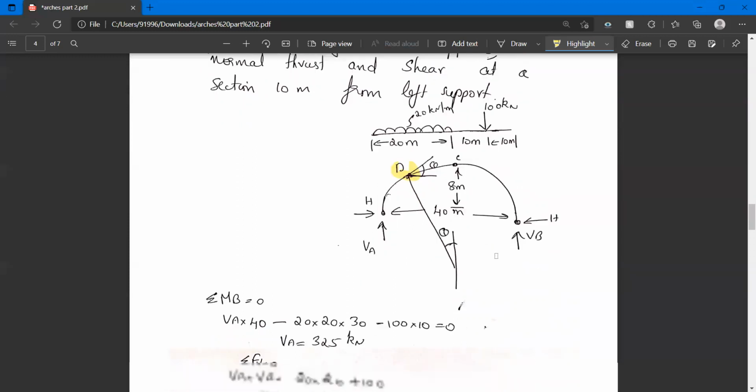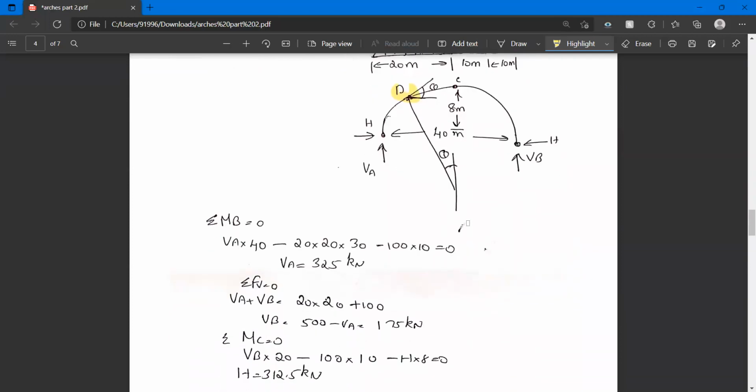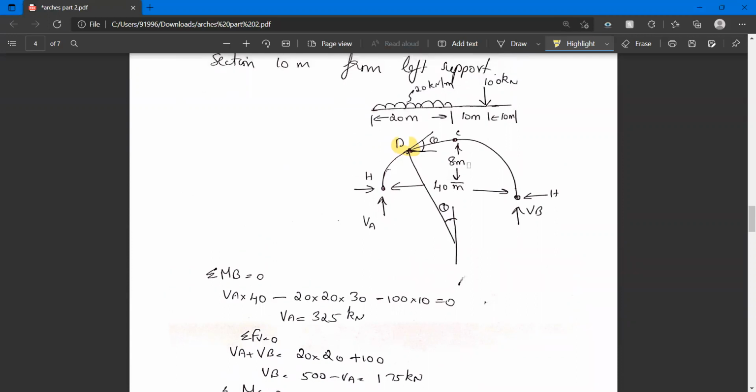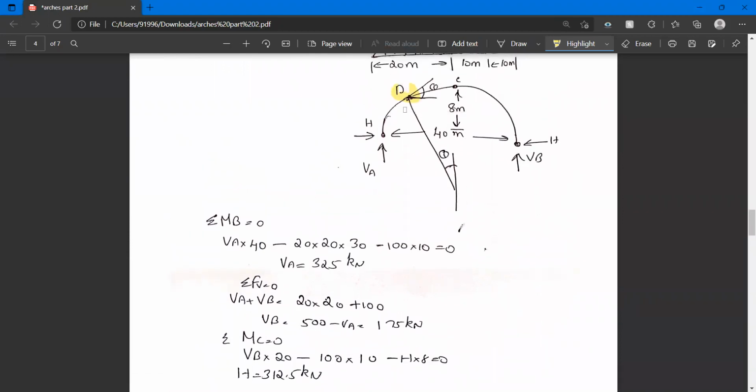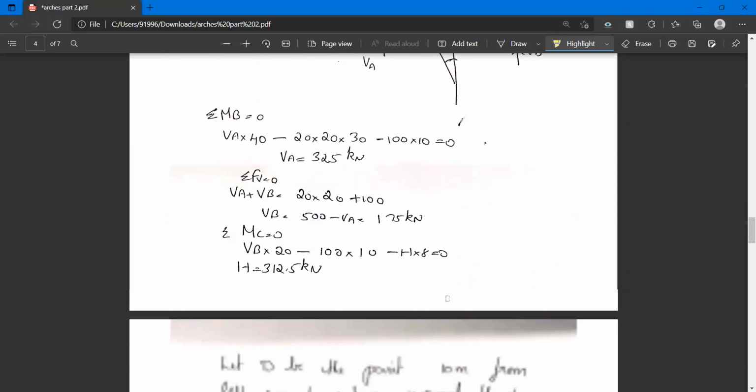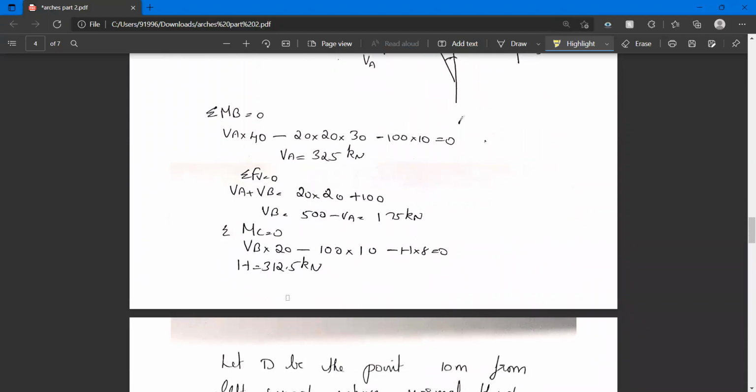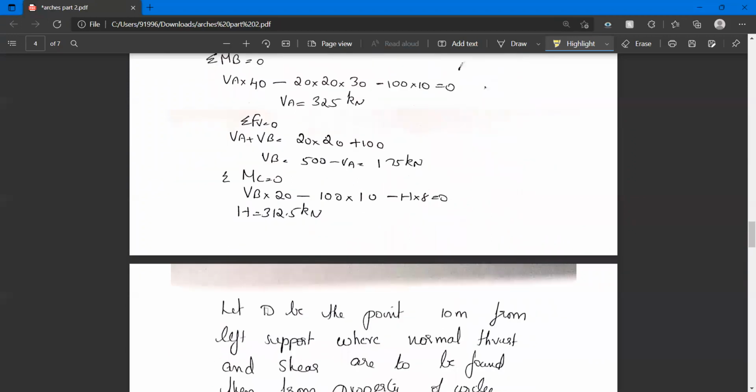So let us take moment from the right side towards C. VB into the distance from B to C, 20 meters, so VB into 20. Then the distance from the 100 load to C is 10 meters, so minus 100 into 10. Then the vertical distance from H to C is 8 meter, minus H into 8 equal to 0. Now you get the horizontal reaction H.